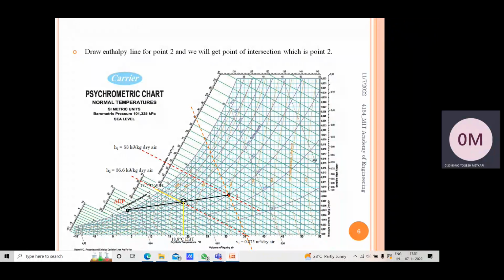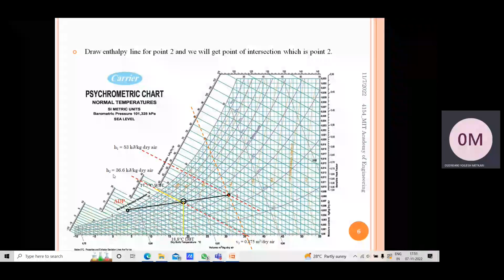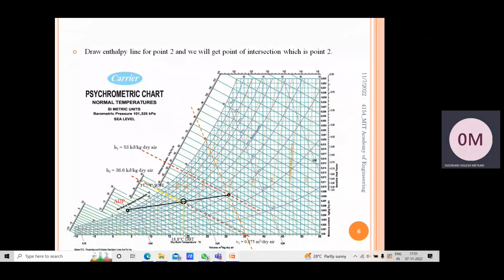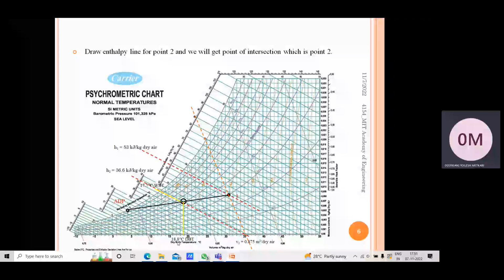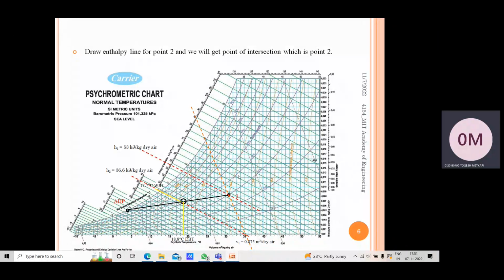So point number 2 we get on the line on the basis of H2 which we got from the calculation. In the chart we can draw one vertical line, which meets the bottom line, which is the DBT, dry bulb temperature. After connecting we get DBT as 18.8 degrees Celsius, and this line shows the WBT.